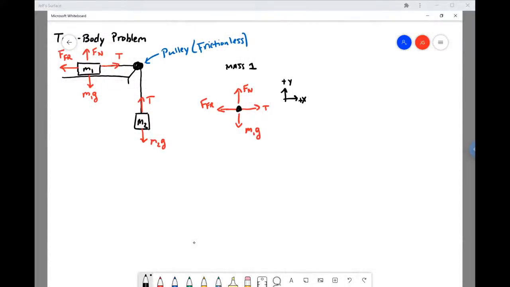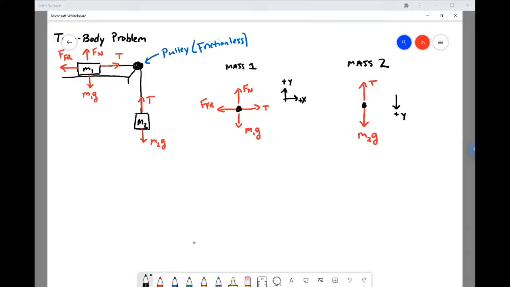Then for mass 2, here's mass 2. We've got the tension force directed upward, and the weight of mass 2, equal to m2 times g, directed downward. For this one, I'm going to call down positive y. We don't even have to define positive x, since there is no x dimension to this part.